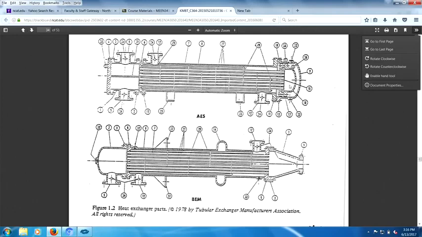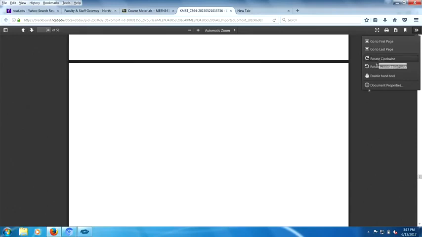The third hold point is watching how they insert the tube bundle into the shell. That's the third major hold point in the construction of a heat exchanger. Okay?